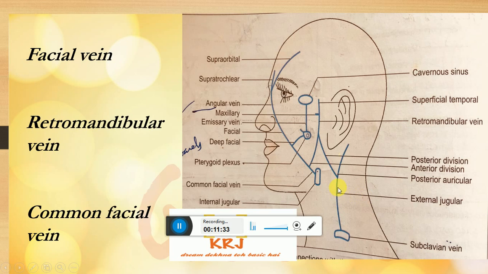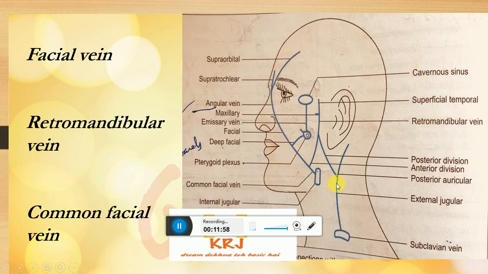Here is the external jugular vein. Can you see? This is the posterior auricular vein, and this is the posterior division of the retromandibular vein. Together they give you the external jugular vein.